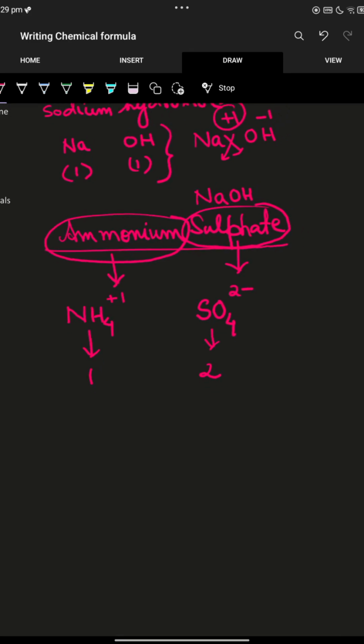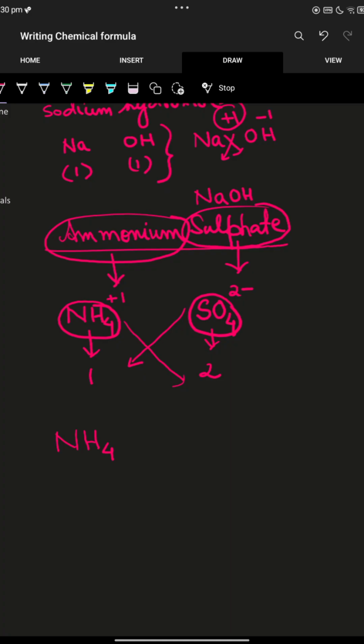So now if I do crisscross, what will happen? Don't confuse with this digit 4, because symbol of ammonium is NH4 with the charge plus 1, and symbol of sulfate is SO4 with the charge 2 minus.